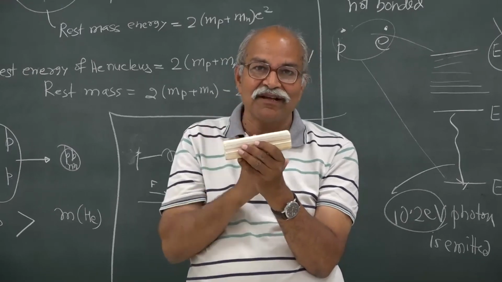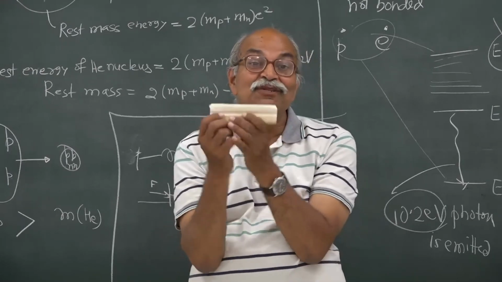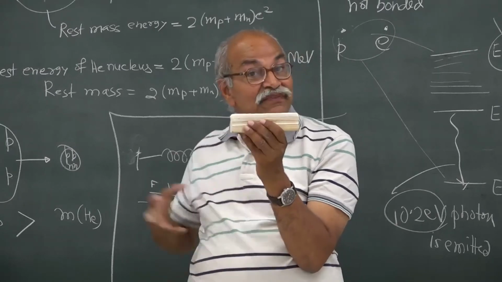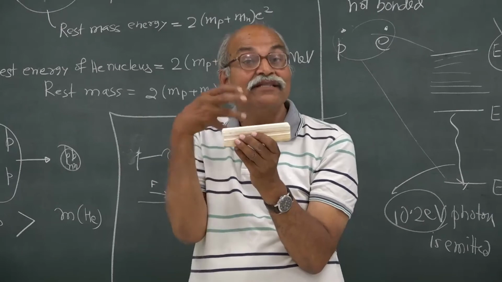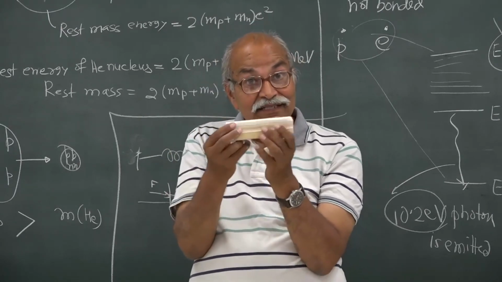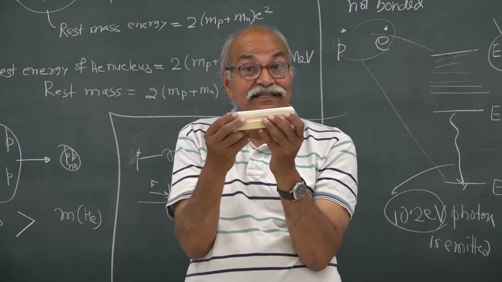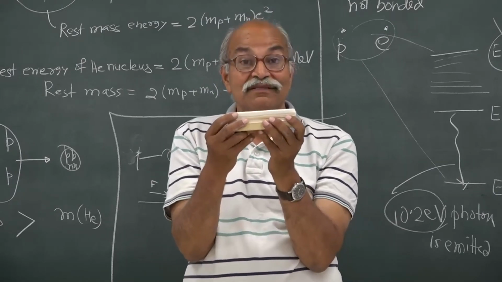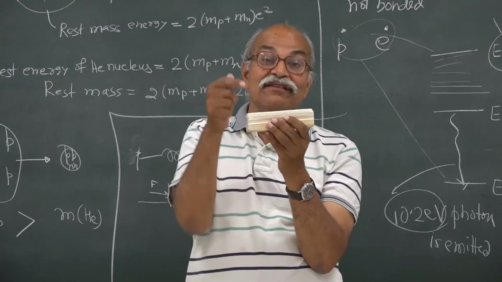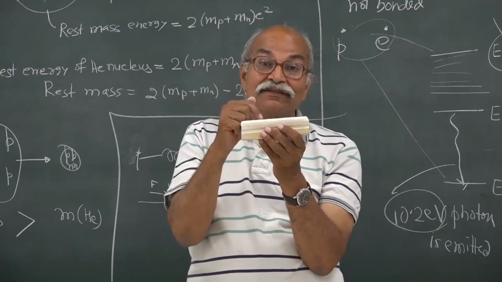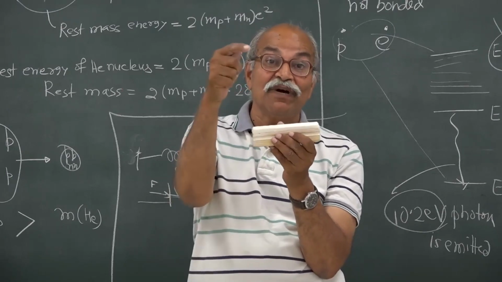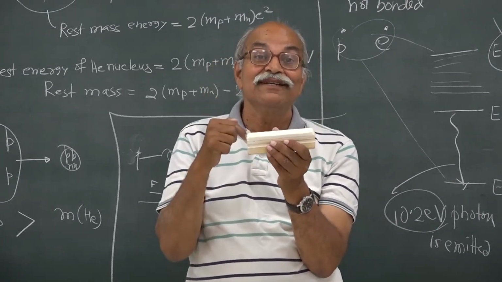So, the rest mass energy has increased, the kinetic energy has not changed, and you have given the energy. So, where has that energy gone? It is converted into mass and it is heavier in that sense. A hot object is heavier than a colder object, the same object. When it is hot, it has more mass, when it is cold, it has less mass.